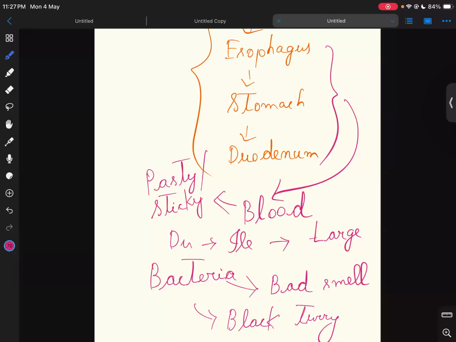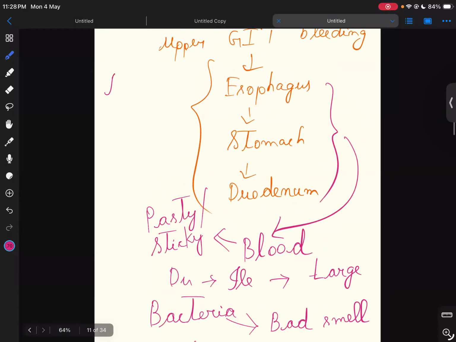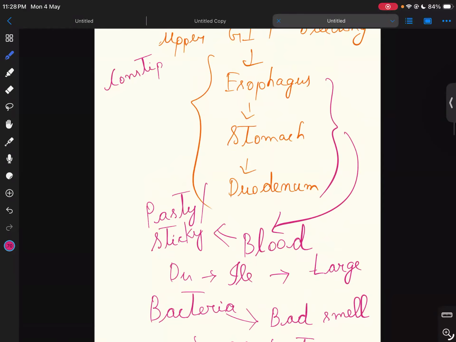So whenever you flush, it is going to stick to the pan. It will not float, it will just stick to the pan. It happens because it is a good laxative, it becomes something like a paste. Why am I telling this? Because also in real life, you can get some constipation cases presenting as black tarry stool.